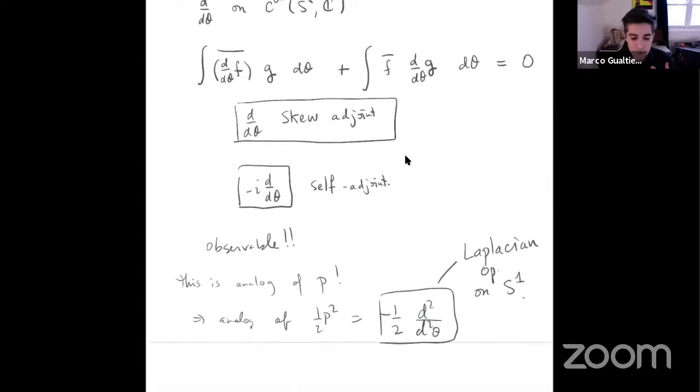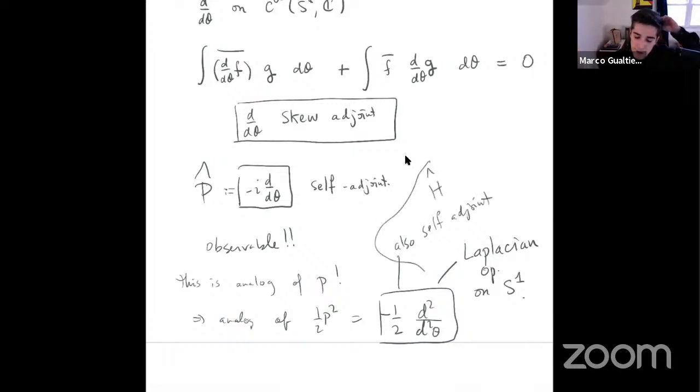And indeed, if we call this the quantum momentum, P hat, this observable can be squared, and you get another self-adjoint operator. So this is also self-adjoint. And it's the quantization of energy.